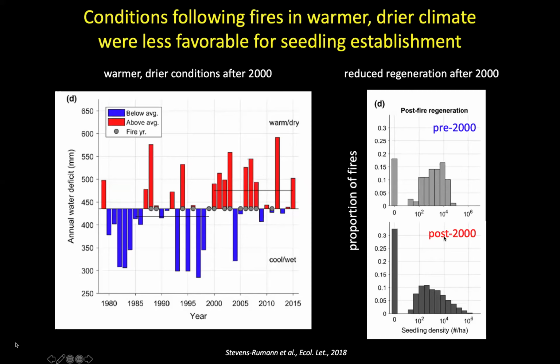But in the post-2000 time period, when it was warmer and drier, you could see a large fraction of fires had no seedling regeneration, as well as a reduction in the number of fires with high amounts of seedling density. So climate seems to be playing a role in limiting tree regeneration or seedling establishment following fires.